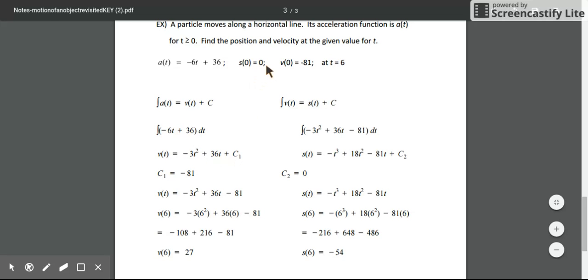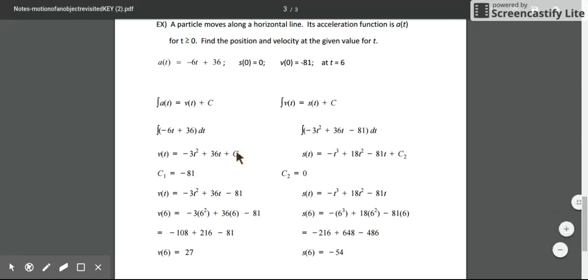So let's use this initial condition involving velocity to help us solve for that constant of integration. If I input 0, then my function value is negative 81. So if I input 0 here, well, that's easy enough. We know that our constant of integration has to be what the function equals, so negative 81.